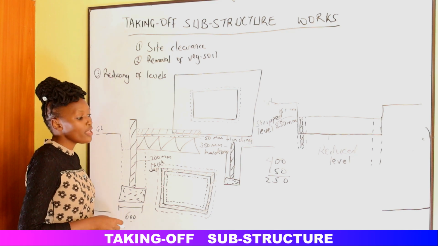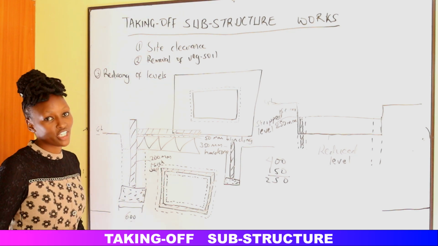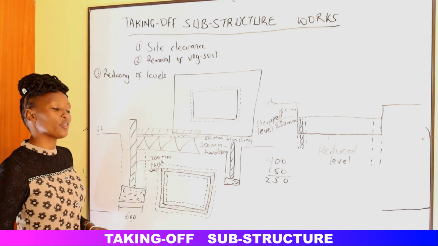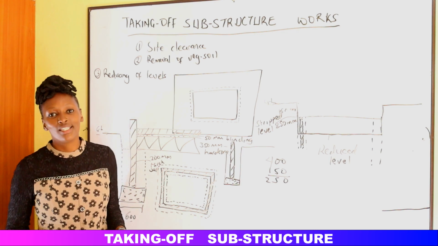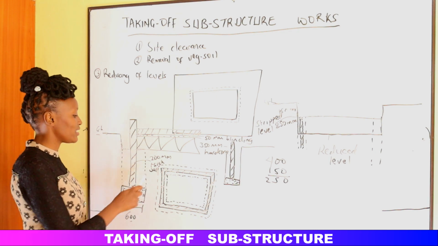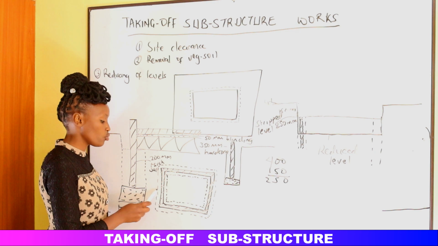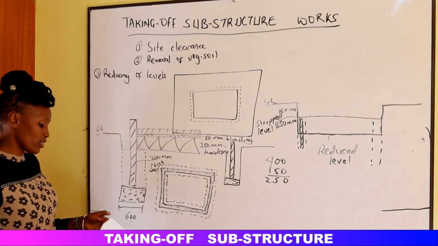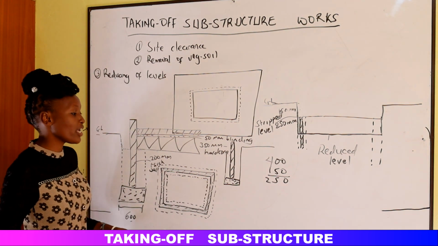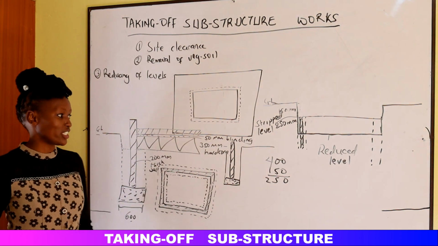Right? So the excavation for the trenches is usually calculated in terms of volume. Volume is length times width times depth. The length is the center line, the width is this width, the depth is that depth. Good. So we are done with the calculation for the excavation of the foundation trenches.